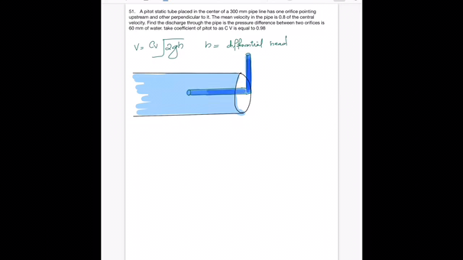So this is the case. The pitot static tube is placed in the center of a 300 mm pipe. One orifice is pointing upstream, and one is perpendicular to it.